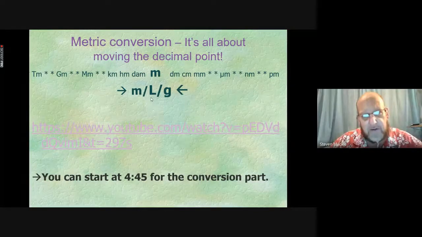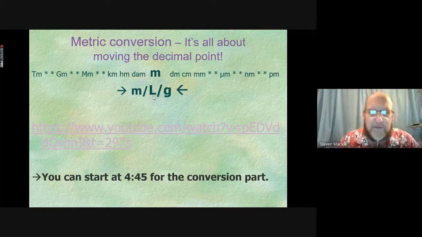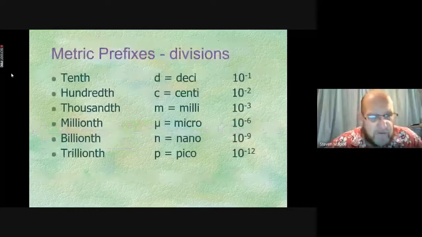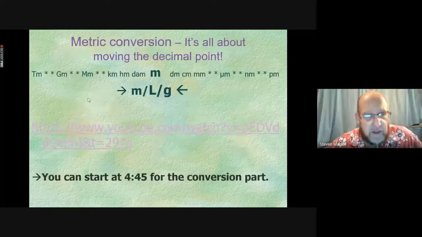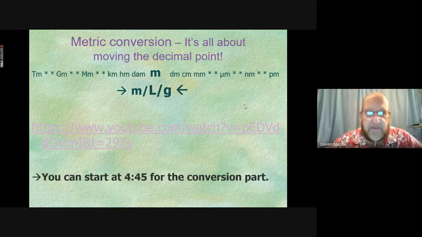Now, here's the one exception to that. Liters are always abbreviated with capital L. Now, that's great, because if you take a look at any of these prefixes here, you don't see any L's, so great. But the thing is, if you were to use a lowercase l here, it could be confusing.